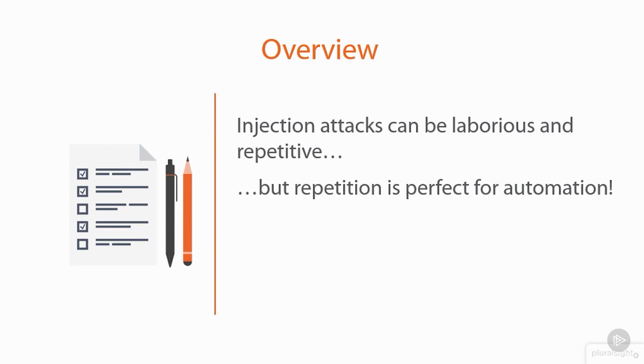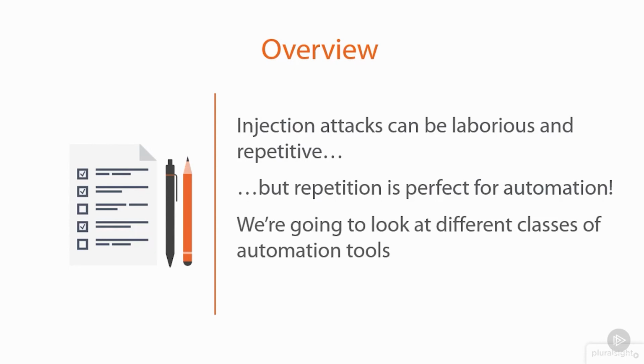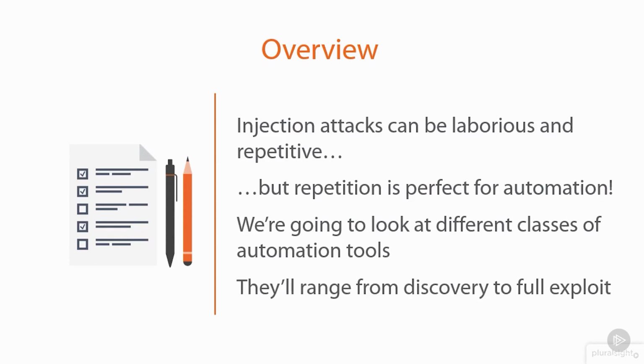We're going to take a look at a bunch of different classes of automation. Some of them are quite rudimentary, yet can be effective. Others get very advanced, and they range from free through to full-blown commercial editions. But I want to pick a good range of tools demonstrating very different approaches to the process of SQL injection automation. Also, you'll see that some of these tools just help with discovery.